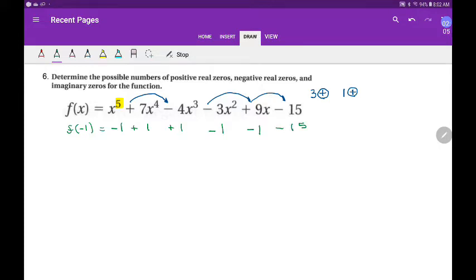Okay, so now let's see what we have here. We changed from negative to positive, and we changed from positive to negative, and then there were no changes after that. So there's a possibility of 2 negative, or of course there could be no negative, okay? And since this is a graph, that's x to the fifth, this is going somewhere, right?